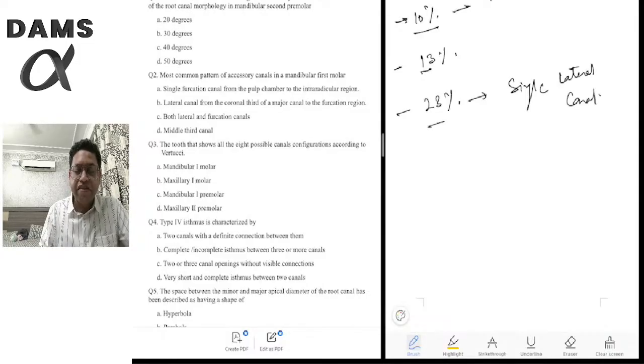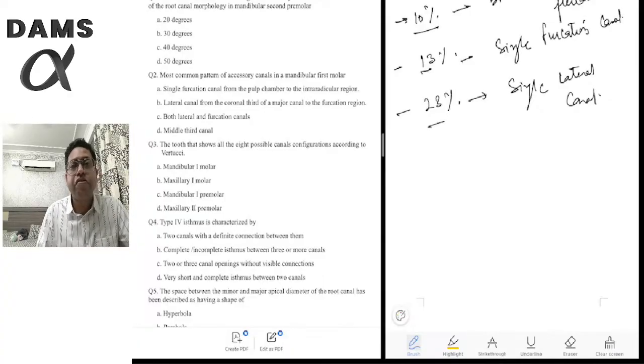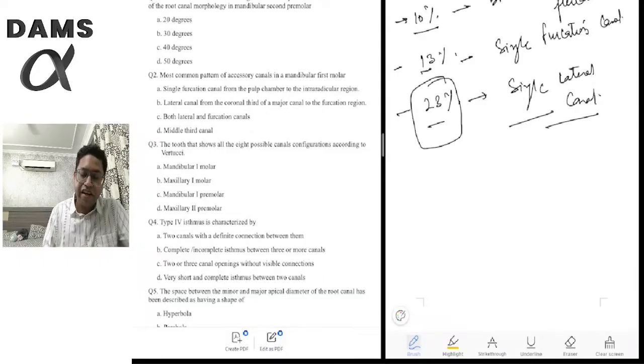In 10% cases, there is both a lateral and furcation canal. In 13% cases, there is a single furcation canal. This is the pattern of distribution for accessory canals in mandibular first molars, 10%, 13%, and 23% cases. The question is asking you about the most common pattern. Most common is in the 23% cases, there would be a single lateral canal.